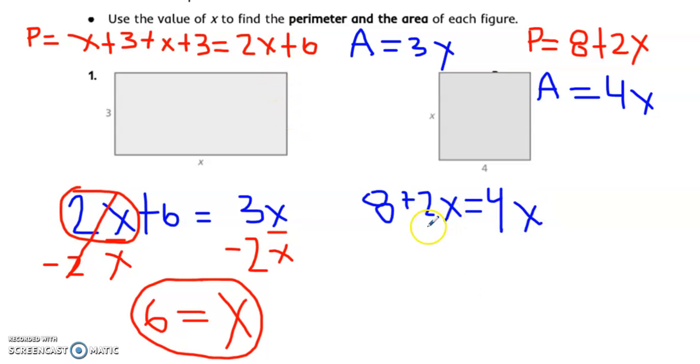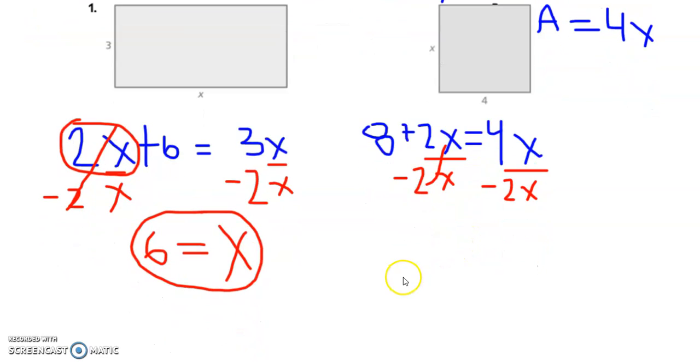Alright, now we have x's on both sides again, so we just need to put this x onto the other side. So it's a positive 2x, so we're just going to subtract 2x on both sides. And that cancels out and leaves us with 8. And 4x minus 2x leaves us with 2x.